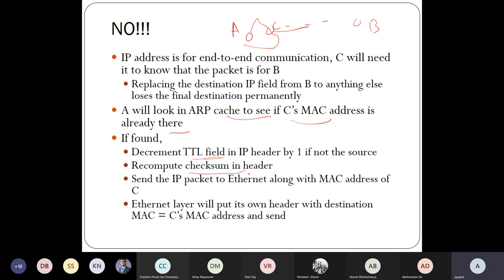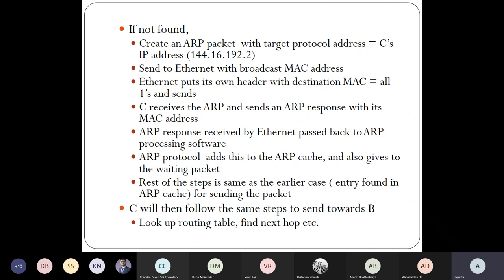So you recompute the checksum and send the IP packet to Ethernet along with the MAC address of C. The Ethernet layer will put its own header with destination MAC equal to C's MAC address and send. Now it is on the local line. All other machines' Ethernet layer will reject it. C's Ethernet layer will accept it and pass it up to the IP layer.